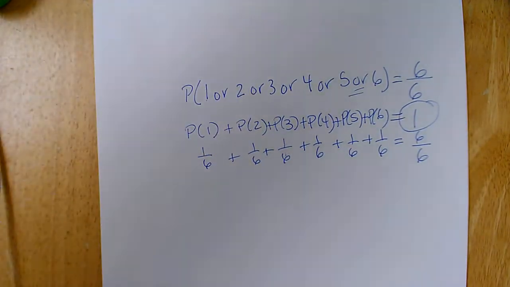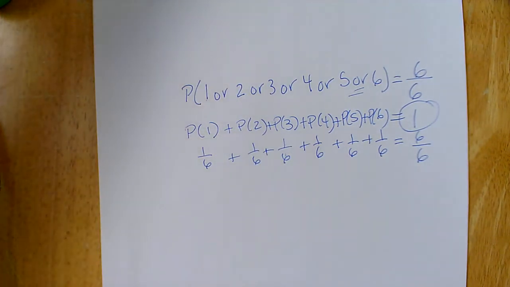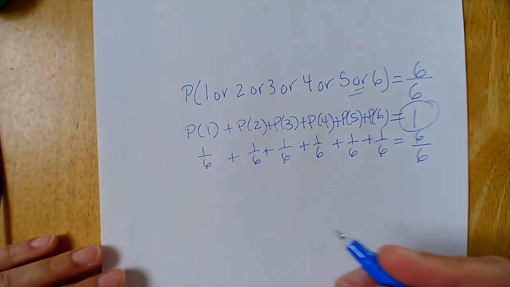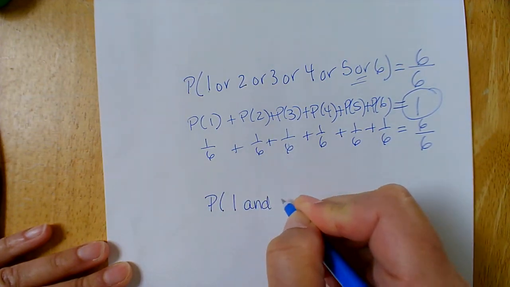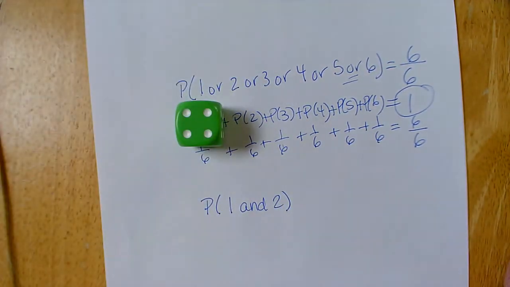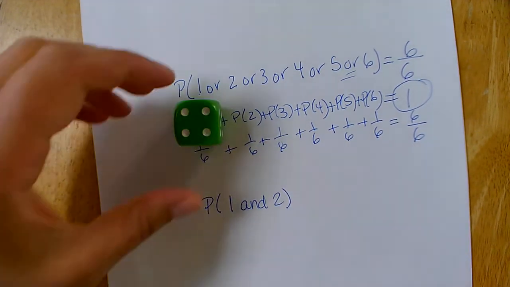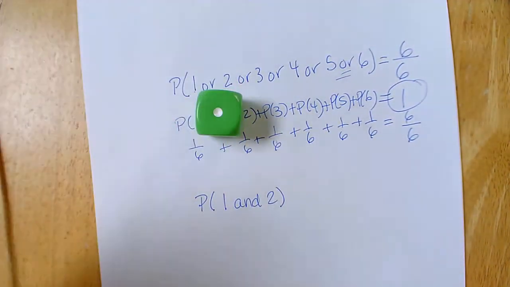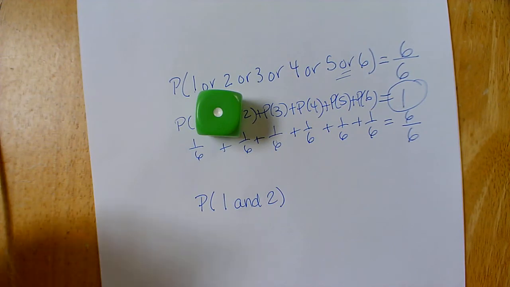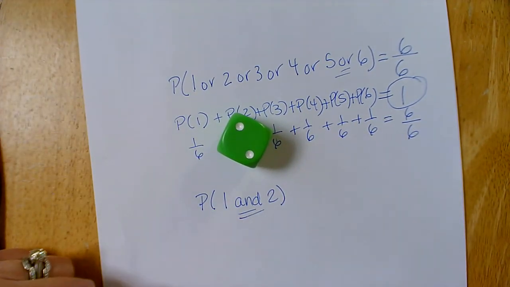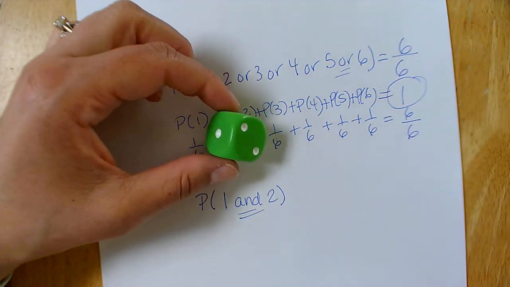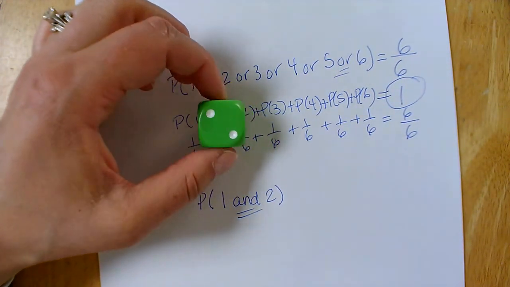Okay, well, let's see. What's the last one? Ooh, this one right here. Probability of a 1 and a 2. Now, remember, we have a die, okay? We can get a 4, or we can get a 1. We can get a 1, or we can get a 2. I want a 1 and a 2 at the same time. You can't do a 1 and a 2 at the same time.